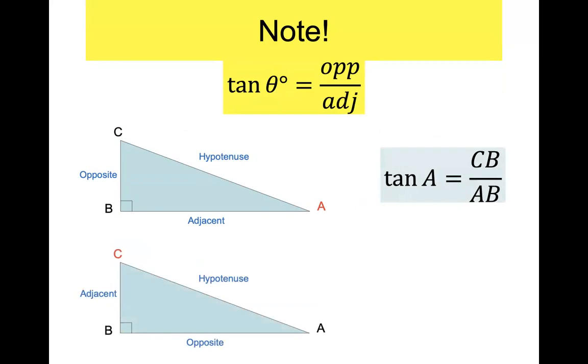So I would get a different ratio for tangent C. Tangent C would not be CB over AB. It would be that fraction's reciprocal. The opposite turned into the adjacent and the adjacent turned into the opposite, so it's not surprising that it just flipped that fraction around. Now, nothing to memorize here. I'm just pointing this out. And if I spoke too fast there, rewind and listen to that one again. That one's important.